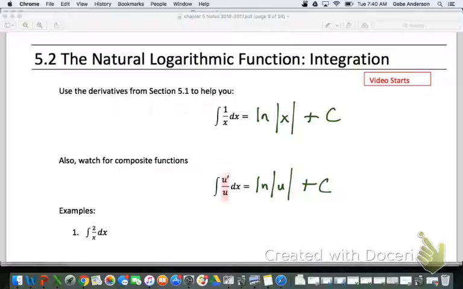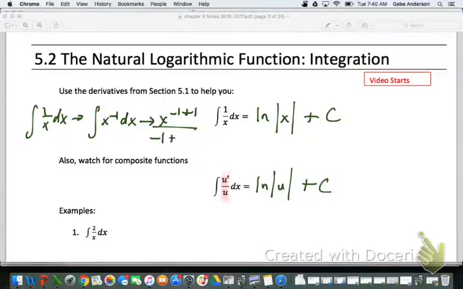One little note about this that I've seen in the past. If you see the integral of 1 over x dx, it would be tempting to write the integral of x to the negative 1 dx, and then try to use the power rule. Let's do that really quick and see what happens. With the power rule, we add 1 to the exponent and divide by the new exponent.